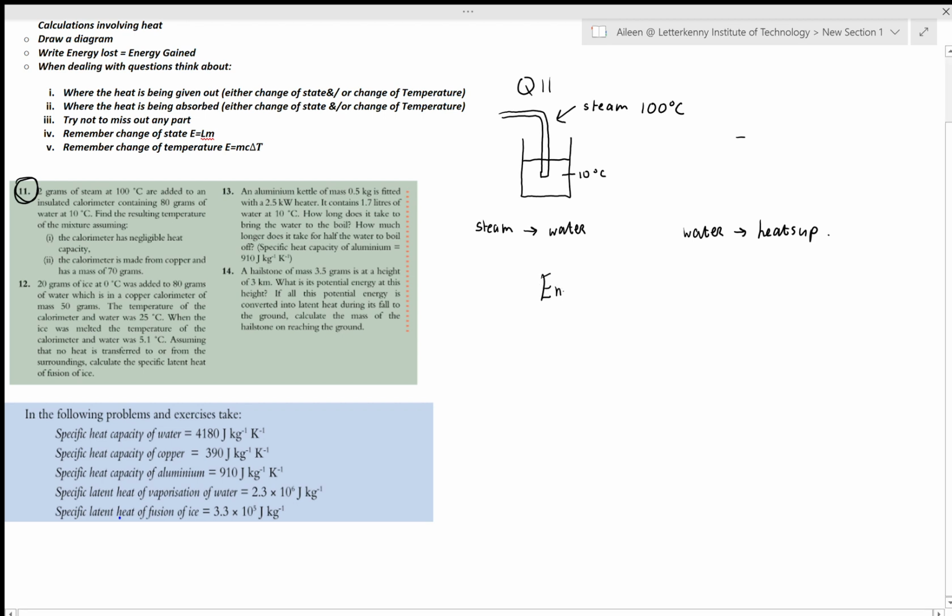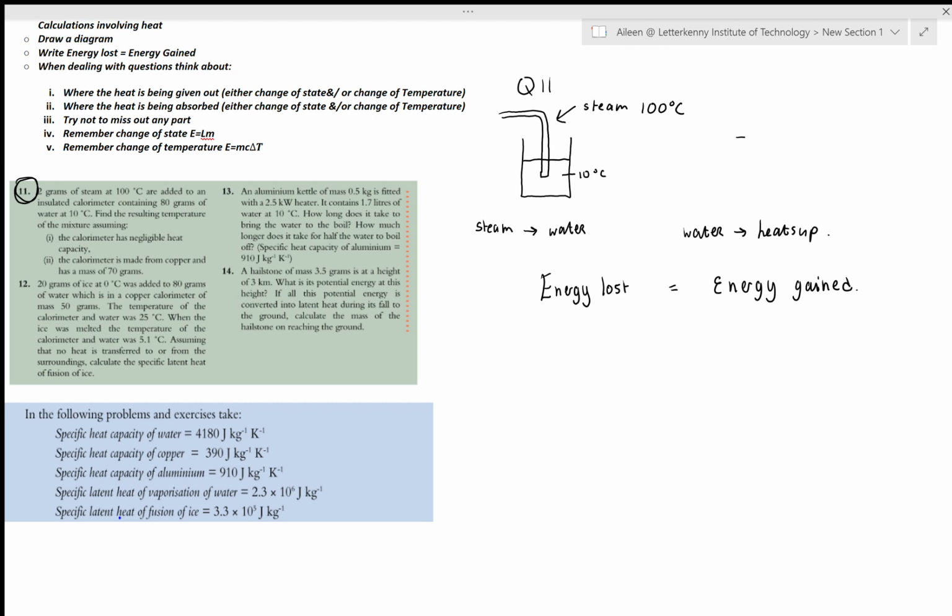We start off by stating that the energy lost by one system is equal to the energy gained by another system. This is due to thermal equilibrium. So our steam is losing energy, and our water is gaining energy.